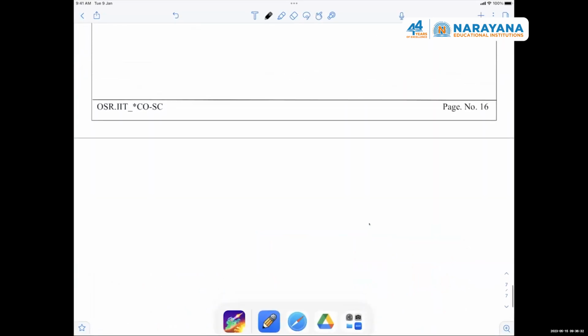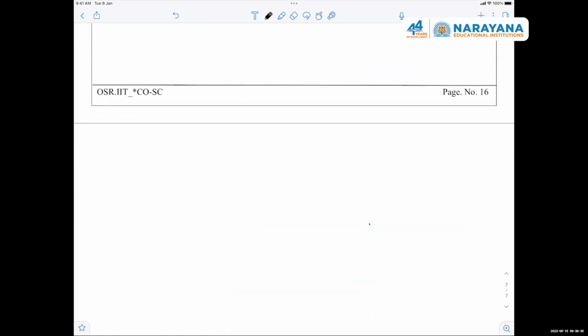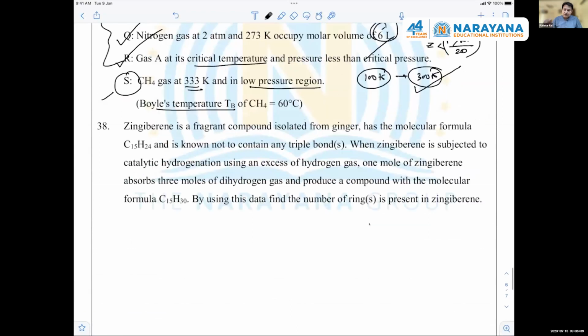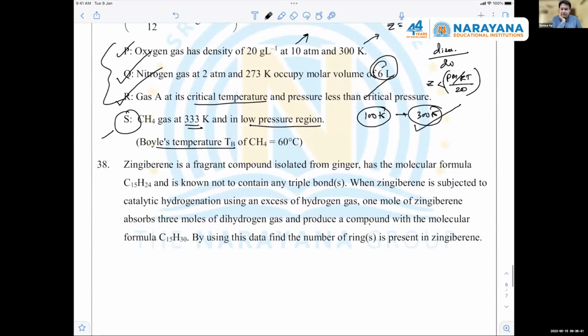Sir, what are the STP conditions we take now? STP condition is as usual 273 Kelvin and 1 atm. Molar volume at 273 or 298? No. Always 273. STP is 273. Please don't experiment, because a lot of confusion is there due to these online educators.